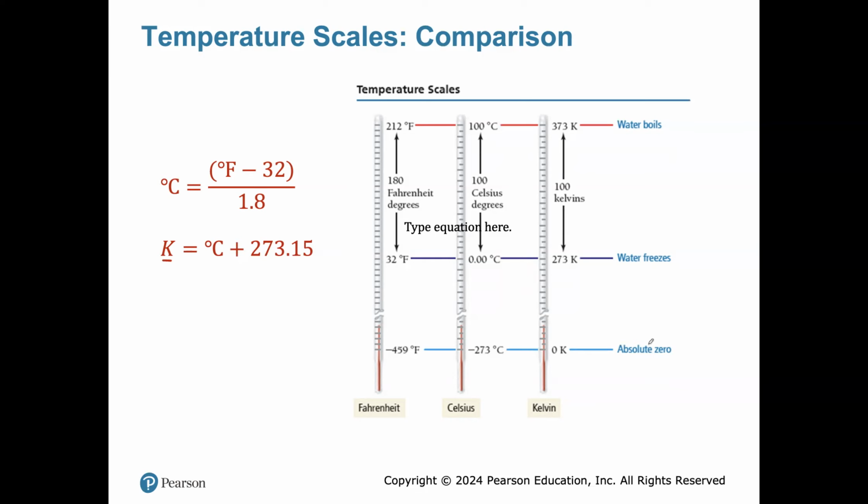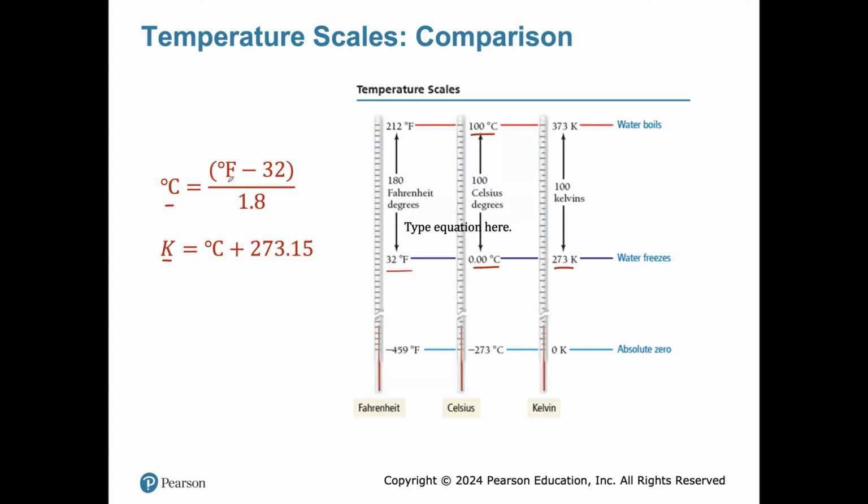So for example, water freezes at 0 Celsius, which is 273 Kelvin, and also 32 Fahrenheit. And water boils at 100 Celsius, which is 373 Kelvin and 212 Fahrenheit. So there is a mathematical relationship between those three units.